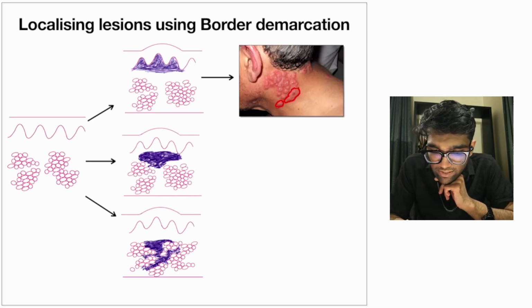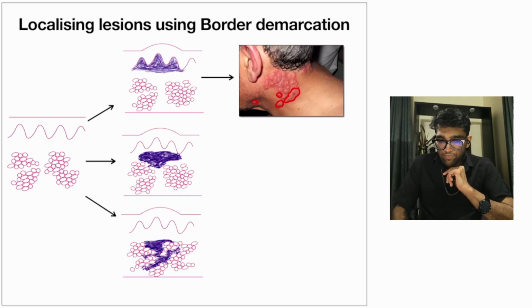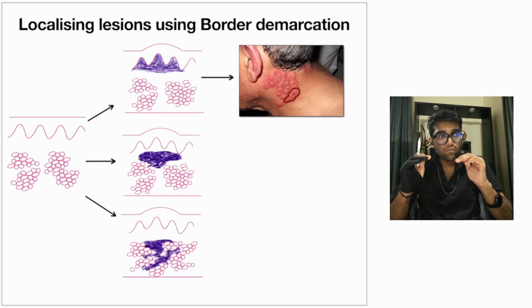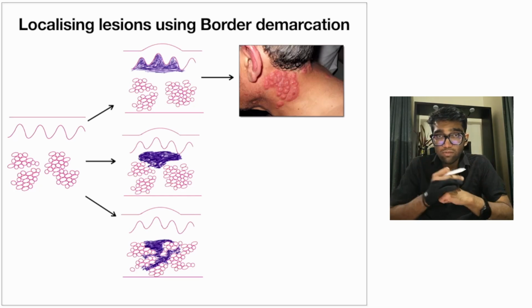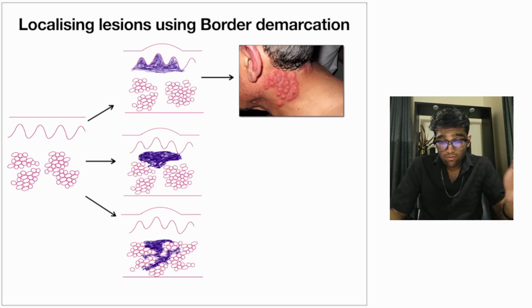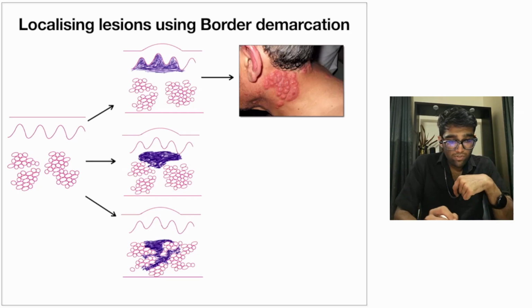I can sketch out individual lesions here like this. So these are very sharply demarcated borders, indicating that the lesion is quite superficial, either epidermal, dermoepidermal junction or the superficial dermis. The superficial dermis is also called the papillary dermis because of these papillary projections that form the papillary dermis.